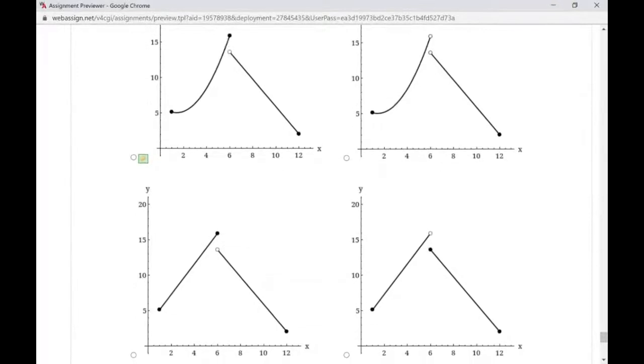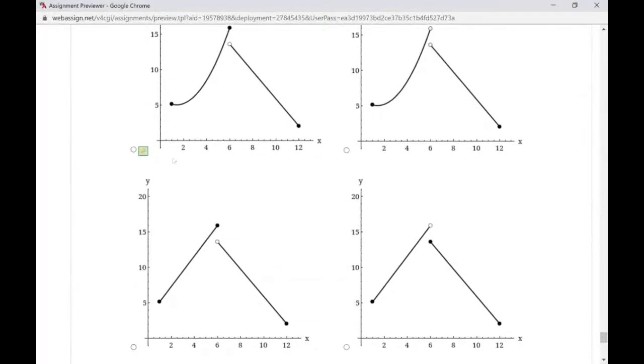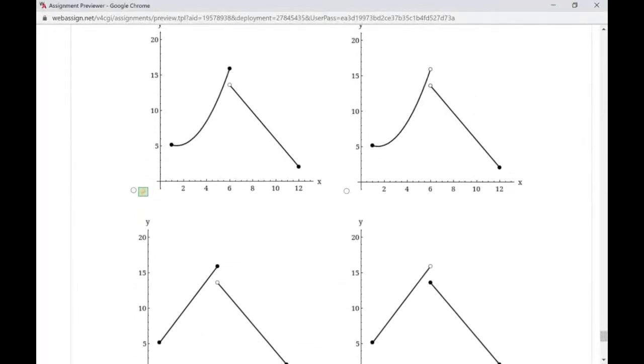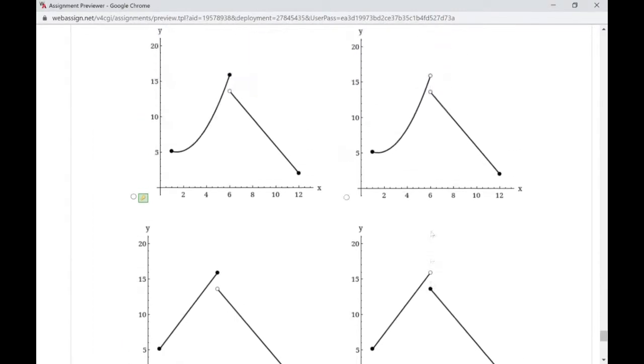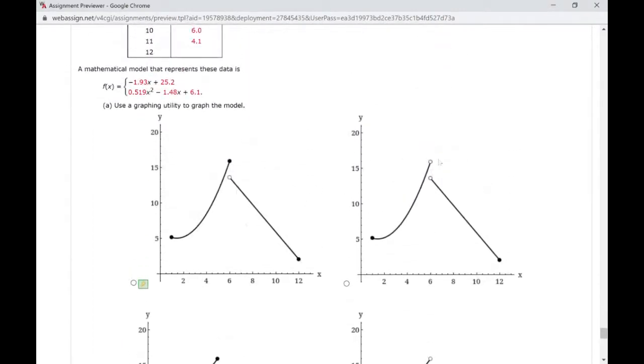C and D. The last two. Right, these ones at the bottom. Whatever these are, they didn't put letters, but yeah, you're right. If this was C and this was D, we could eliminate those 2 because they're both straight lines. It has to be either this one or this one.